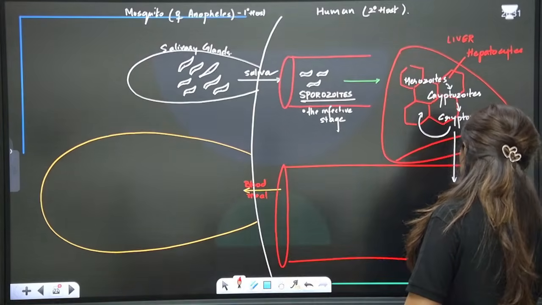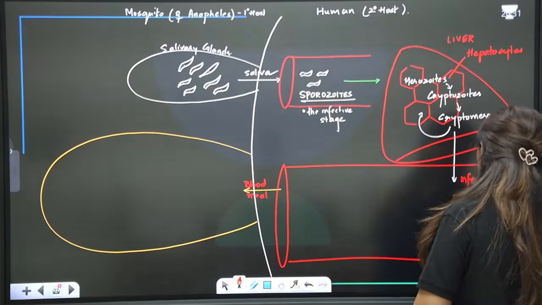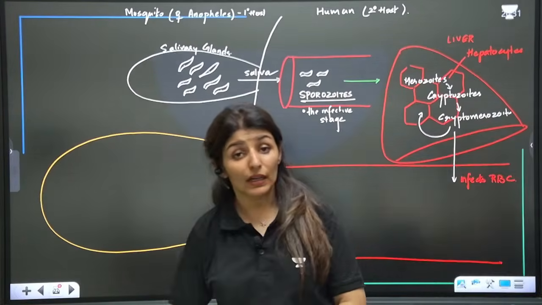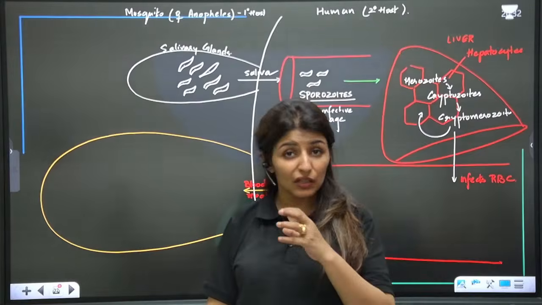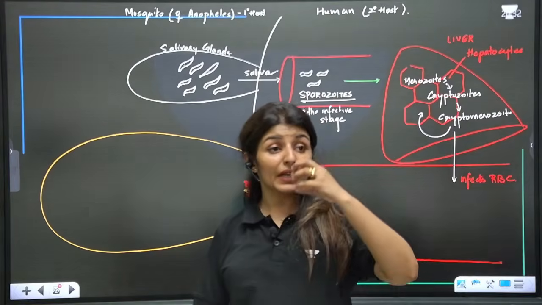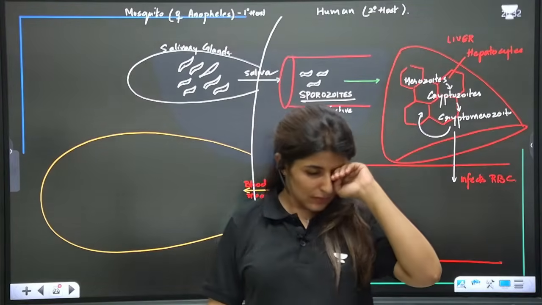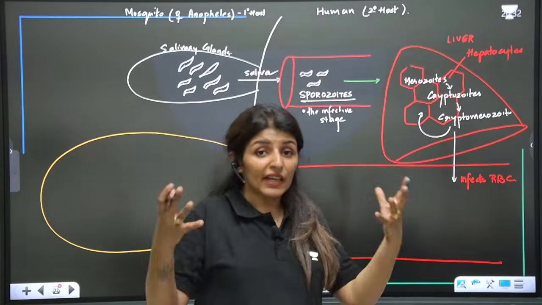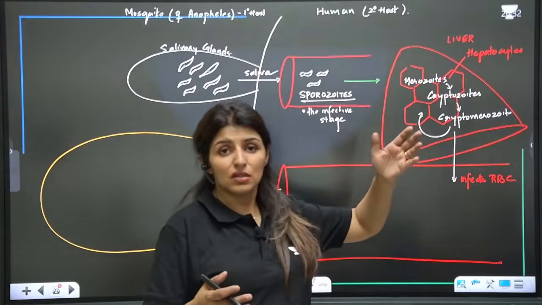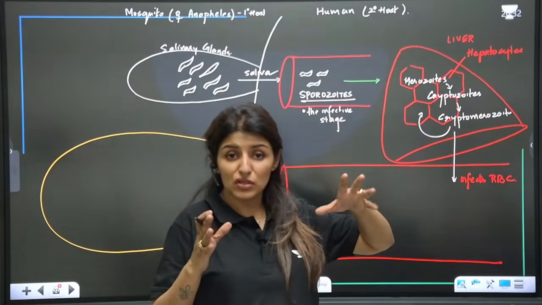It infects the RBCs. So that is why, guys, during malaria, the person suffers from severe anemia. And whenever there is anemia, your spleen releases RBCs, and your spleen is also a graveyard, right? So that graveyard enlarges, your liver enlarges. So these are some clear features of malaria.